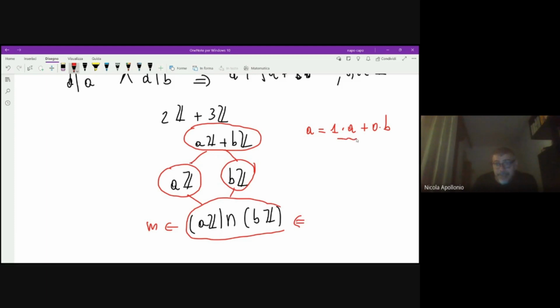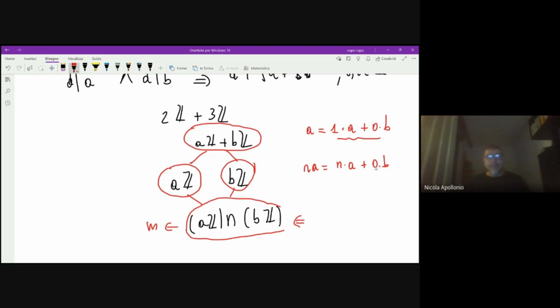So this is a special linear combination, and every multiple of A can therefore be written as n times A plus 0 times B. This is another special combination. Not every integer linear combination has this form, but this is an integer linear combination.